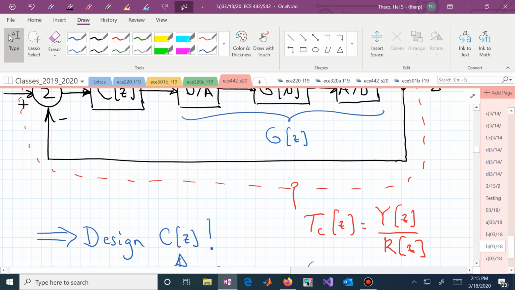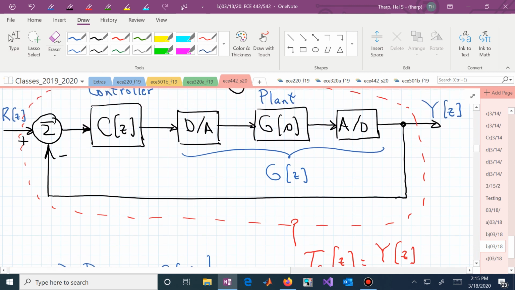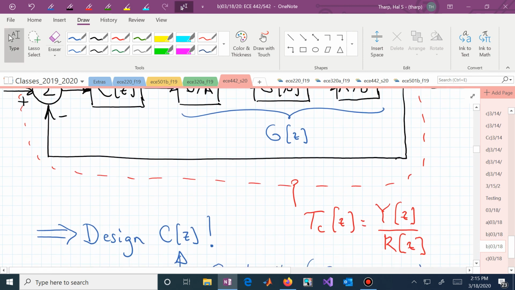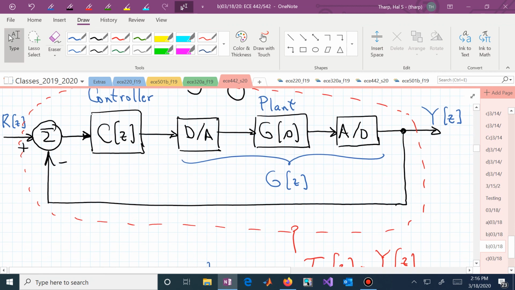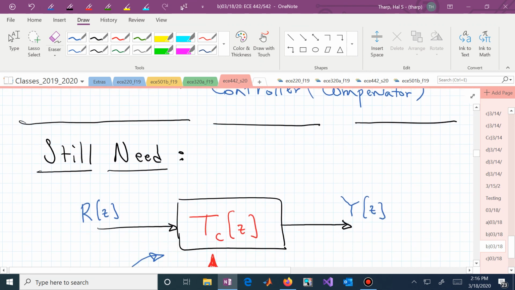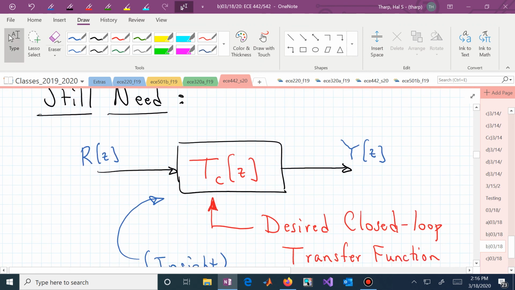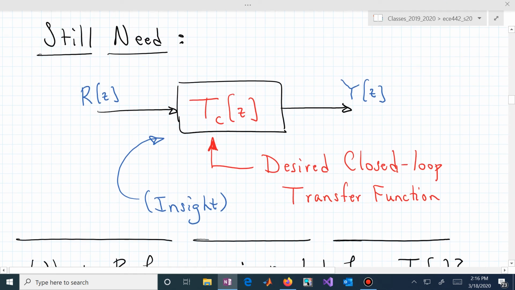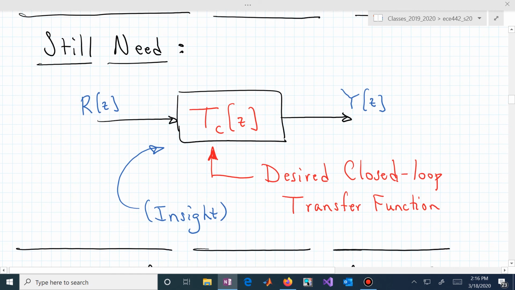In order to find a capital C of z, it would be helpful to know what some desirable closed loop transfer functions are, or what closed loop transfer functions actually have the behavior that we would like our system to possess. So we still need to figure out how to create or produce this desired closed loop transfer function.